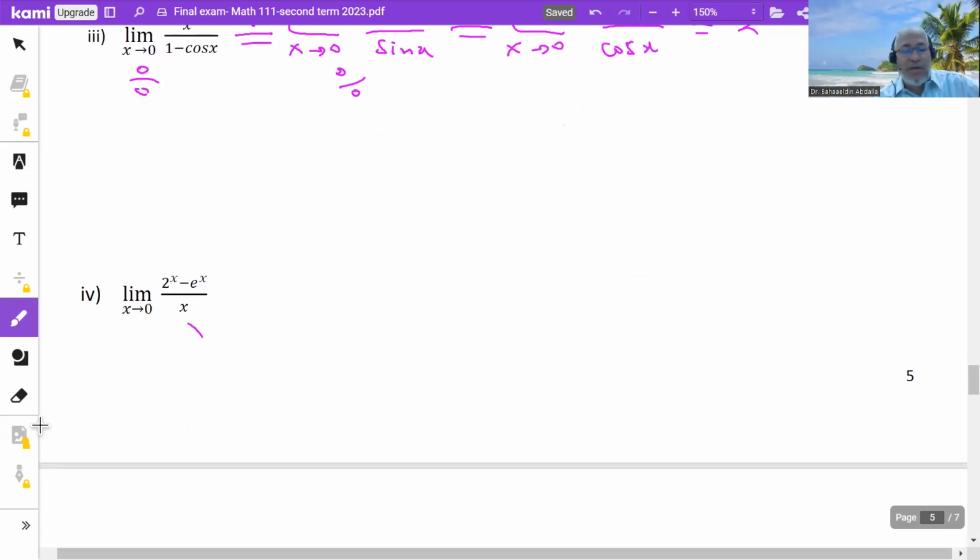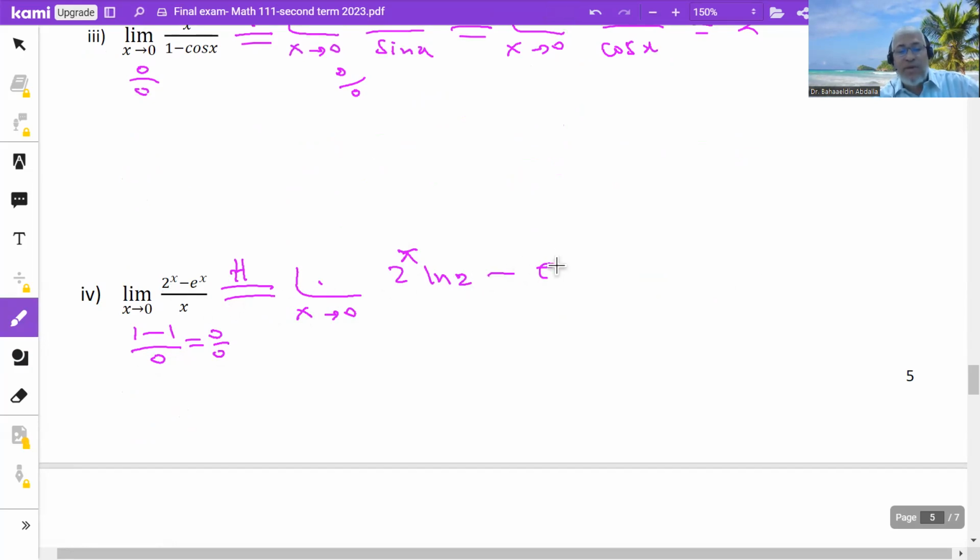What about here? When x approaches 0, 2 to the power 0 is 1, e to the power 0 is 1, so 1 minus 1 over 0, that's 0 over 0. Since you have 0 over 0, I'll use L'Hopital's rule. So derivative of 2 to the power x is 2 to the power x times ln 2, that's the formula, okay?